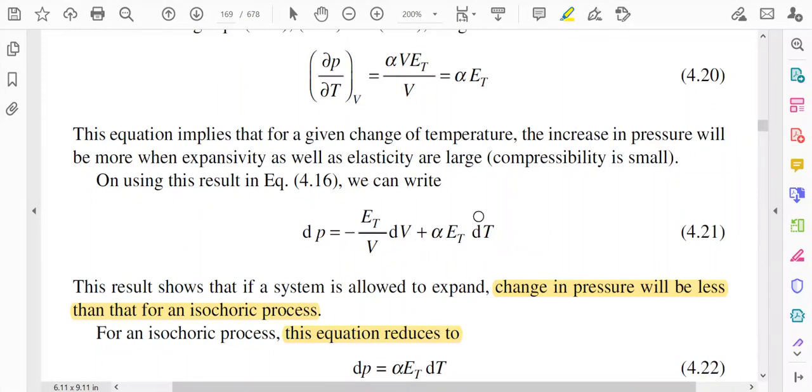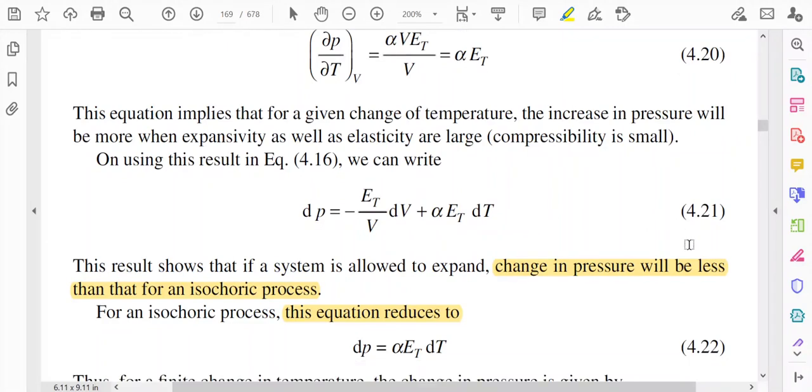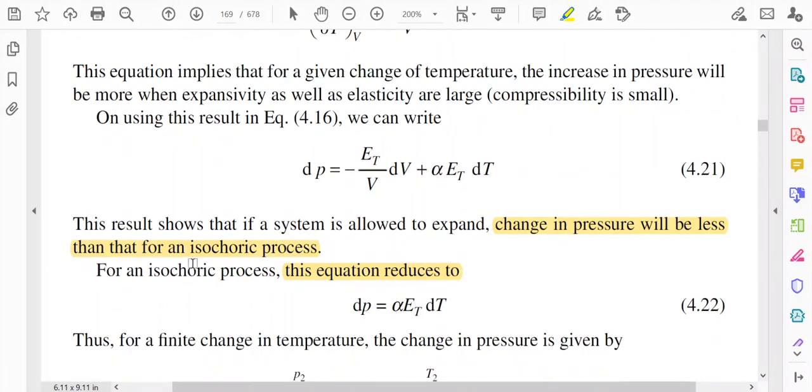So we can rewrite equation 4.16 by incorporating the parameters ET and alpha in the form of equation 4.21. Now we will discuss the significance of this equation.